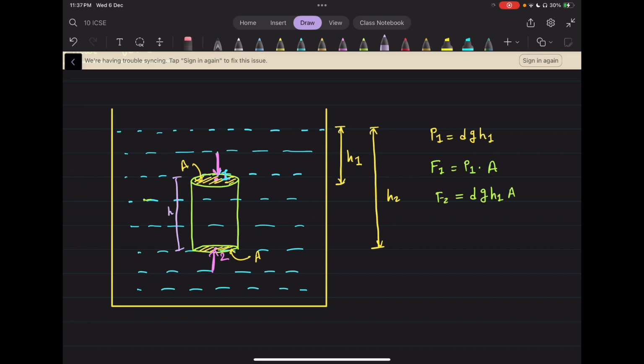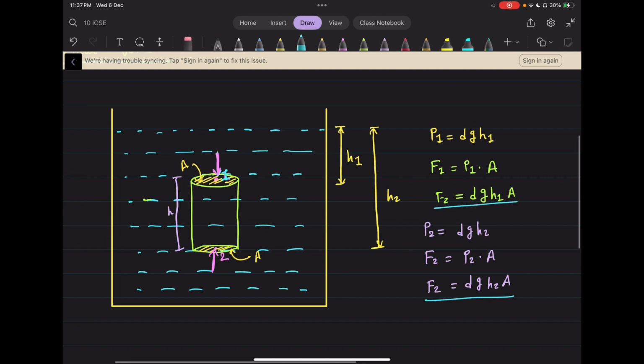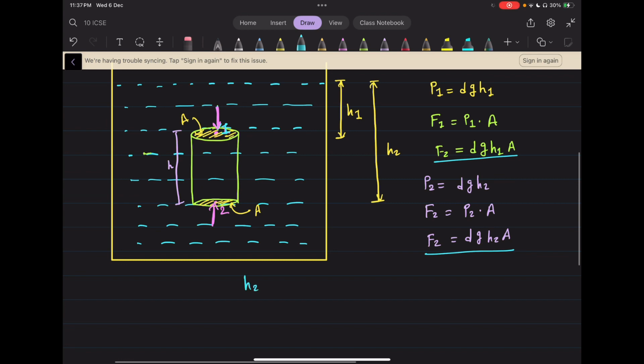Okay, and what will be the pressure at the bottom surface? That will be dgh2, and the force will again be pressure at the bottom surface into bottom surface area. That will be dgh2A. You can simply see that in these two formulas, h2 is greater than h1. So the force at the bottom surface is greater than the force at the top surface.